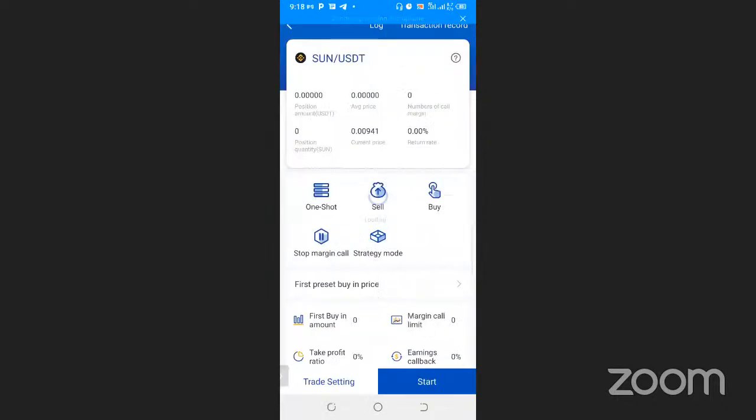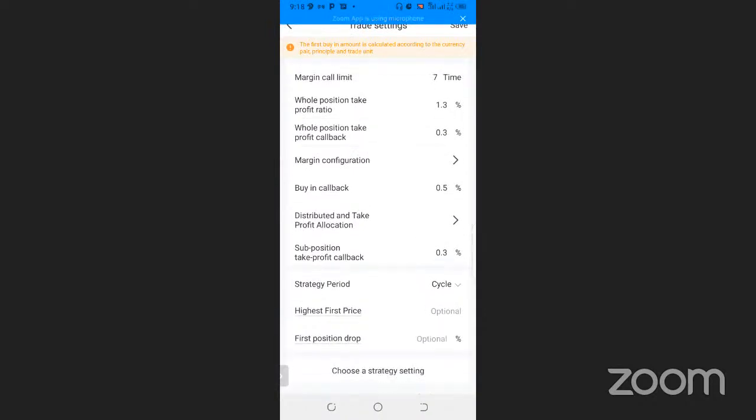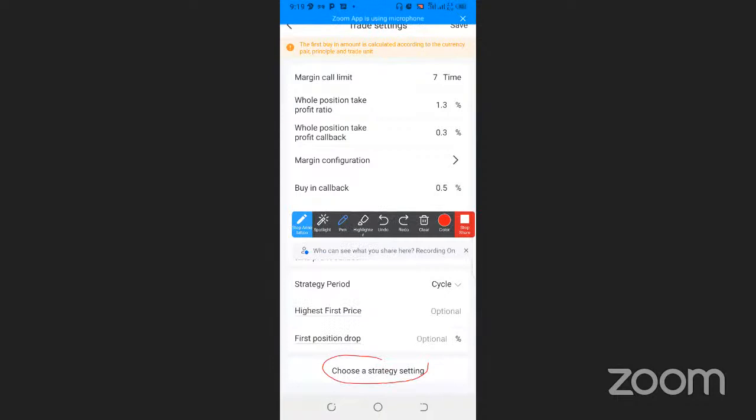If you are not in the trading setting, you go to your trading setting and click on it. You scroll down, you see where it says choose a strategy setting. You choose your own strategy setting. You can see it here.